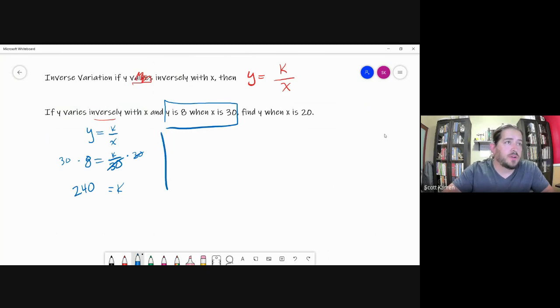For the next part, find y when x is 20. y is k, 240, divided by x, which is now 20. And so y is 12.